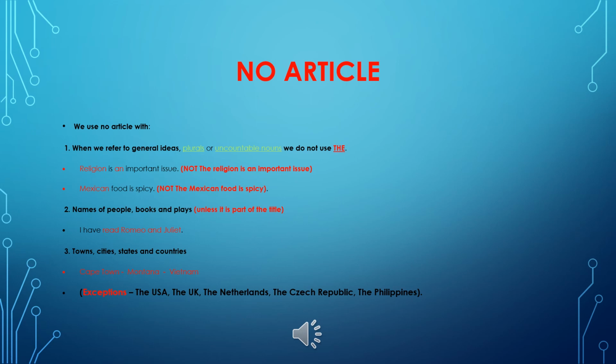But we have some exceptions to this rule. For example, we say the USA, the United States of America, the UK, the United Kingdom of England, the Netherlands, which means Holland, it's the same country, the Czech Republic, and the Philippines. These are exceptions to the rule. Okay?